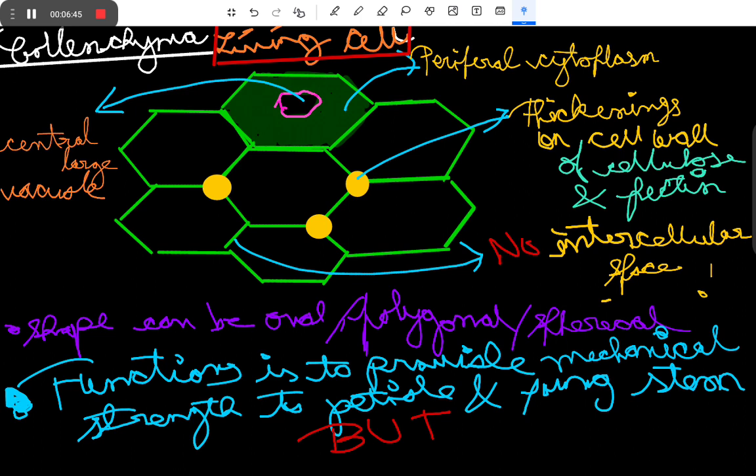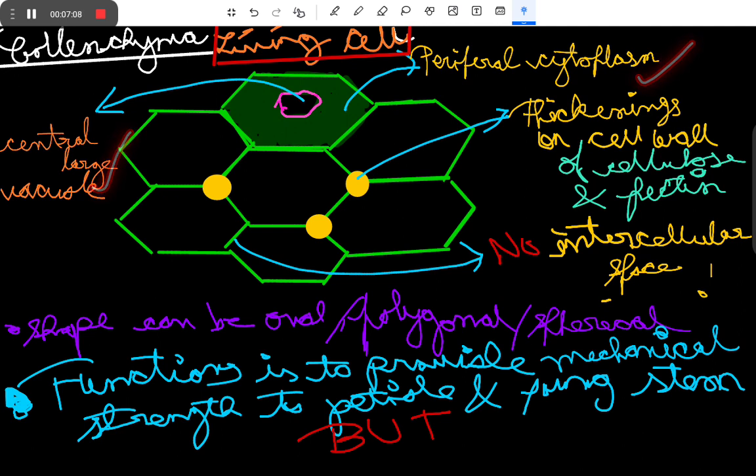Now, they have a large central vacuole. See, the central large vacuole. If this vacuole is occupying all the area of the cell, then obviously the cytoplasm will be at the periphery, hence peripheral cytoplasm. Common sense.